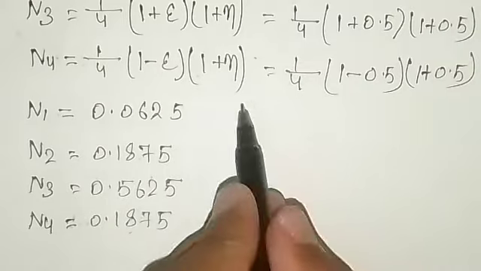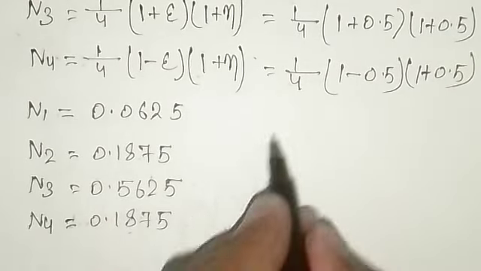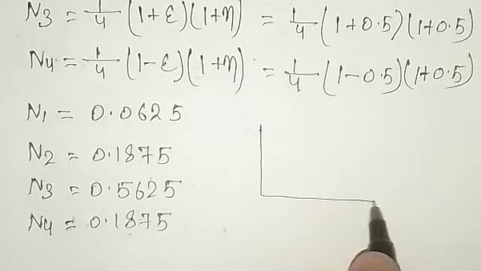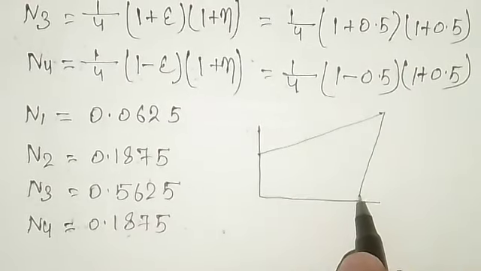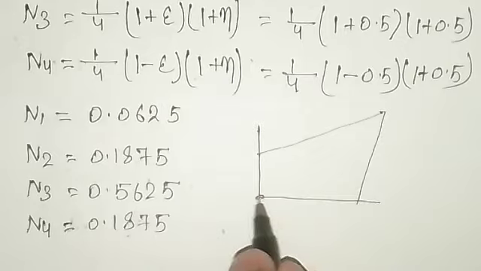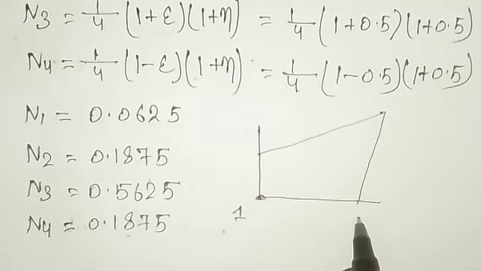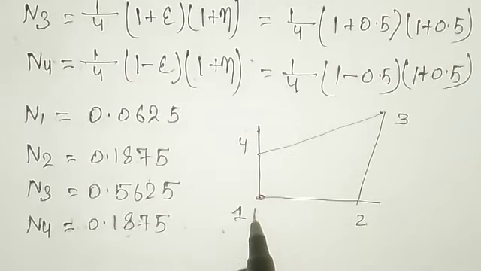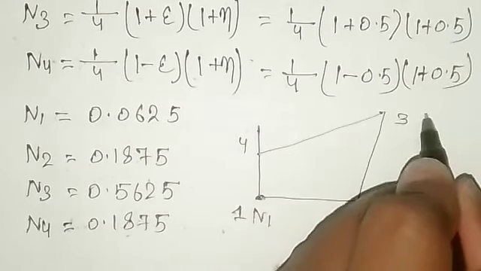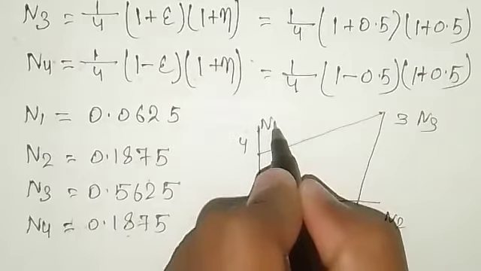It means that at each node we got the shape function. The element is like this, which is given in your question, right? So the figure is given, and this is node 1, node 2, node 3 and node 4, right? So here we got N1, N2, N3 and N4.